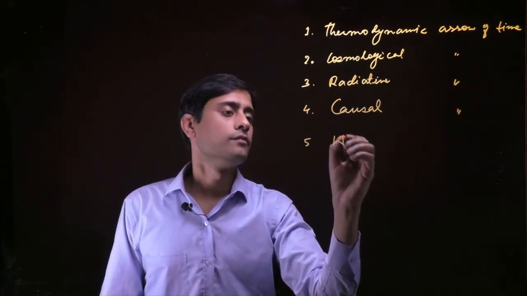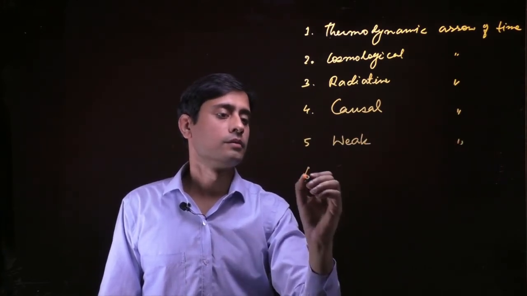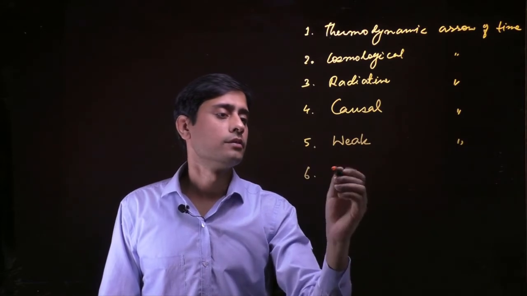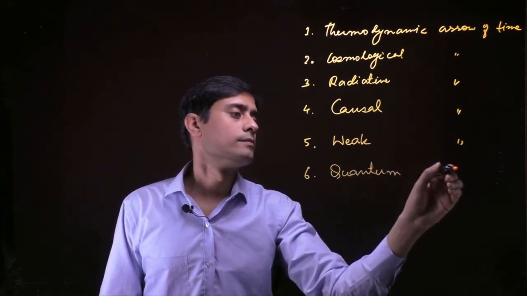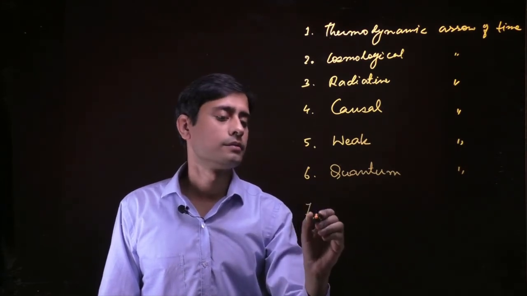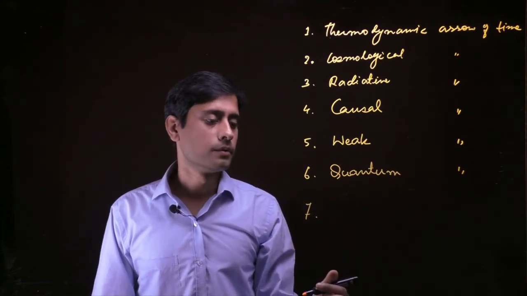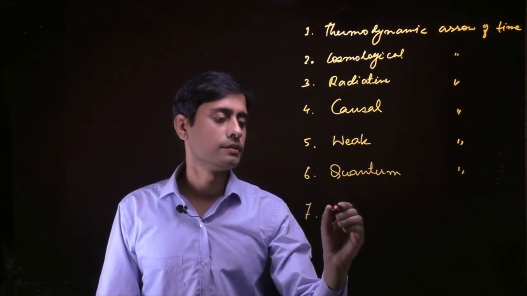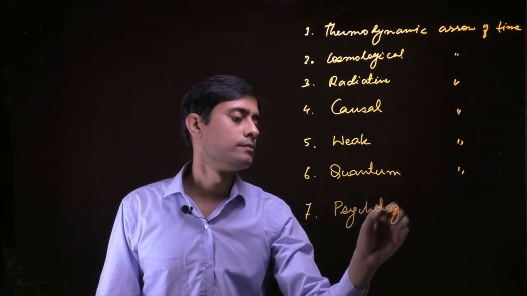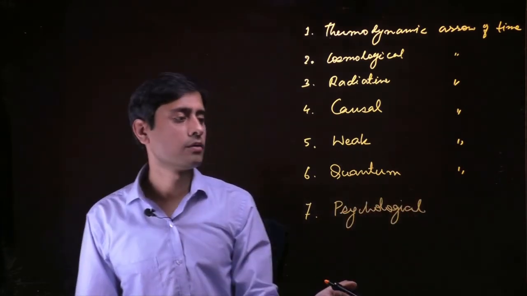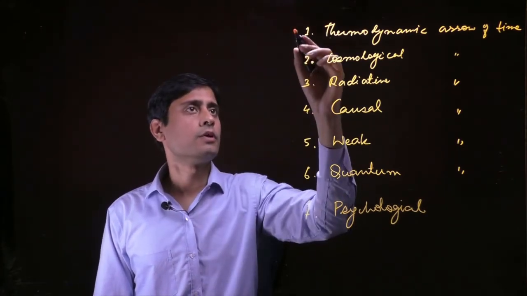Fifth is the weak arrow of time. The sixth is quantum. And the last, there can be other processes also, but these are some of them. So the seventh is the psychological, or perceptive.